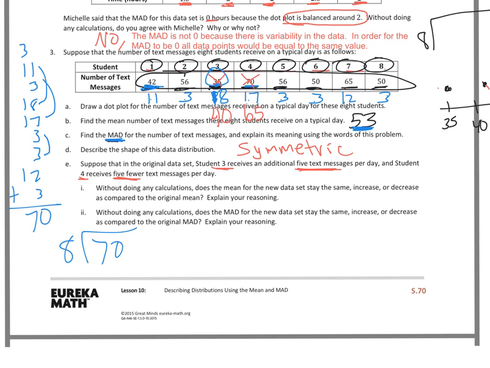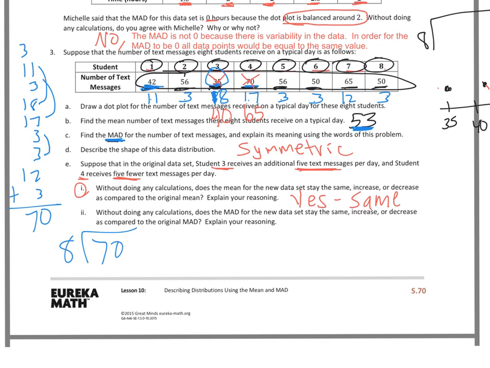So the question underneath says, without doing any calculations, does the mean for the new data set stay the same? It stays the same. So I can put yes, same. Because what we're doing is we're taking 5 away from one student and adding 5 to another student.